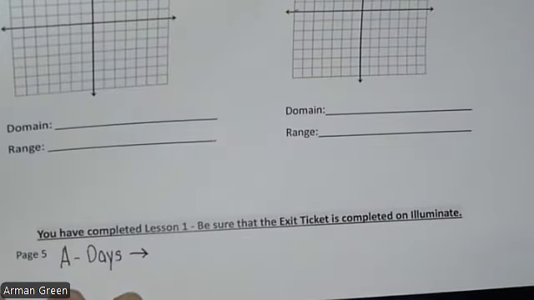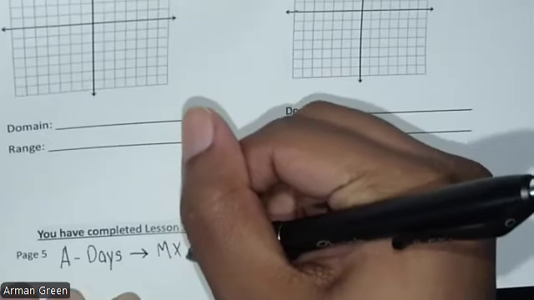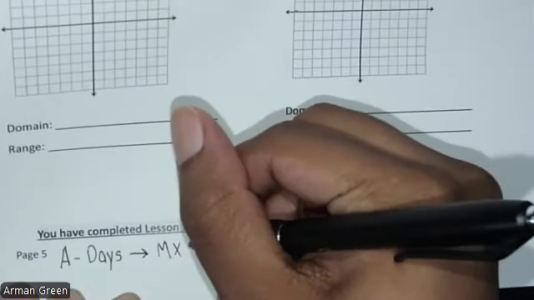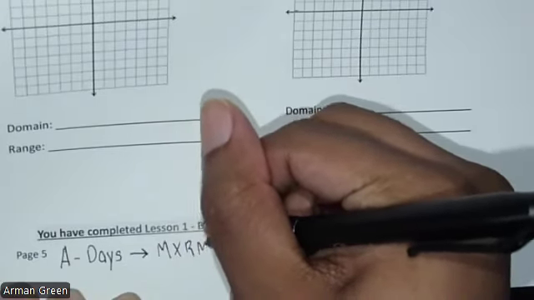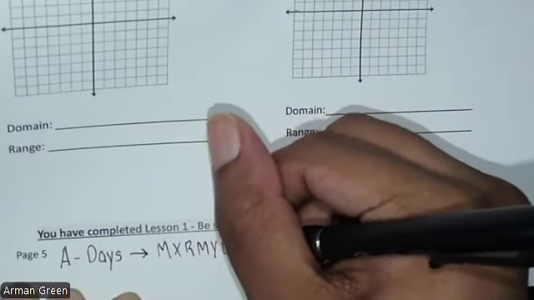for this lesson, you need to go on Illuminate. There is a code for you. The code for you all is this here, MXRMYBB. So if you have me on an A day, that is your access code to get to the exit ticket, and that is how you're going to be able to take it.